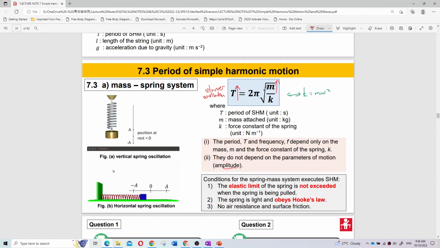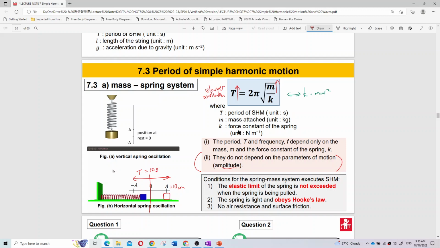Do you understand what this means? Let's say you have a spring, you extend it to amplitude 10 cm, and you let go. It oscillates with, let's say, a period of 10 seconds. Understand?